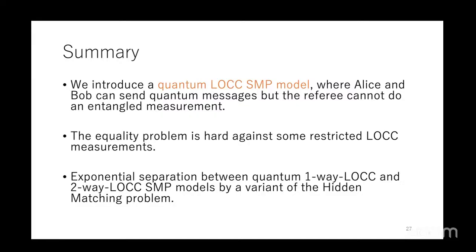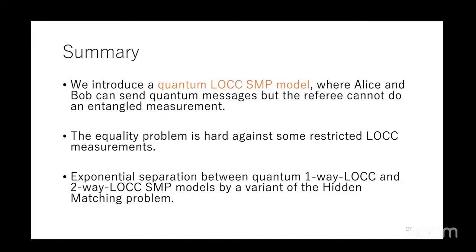But in the SMP model for the equality problem, usually we don't consider shared randomness between Alice and Bob. I see, but now you are considering shared randomness, no? I'm slightly confused. No shared randomness between Alice and Bob. I see. Because if they shared randomness, then the equality problem becomes very easy.